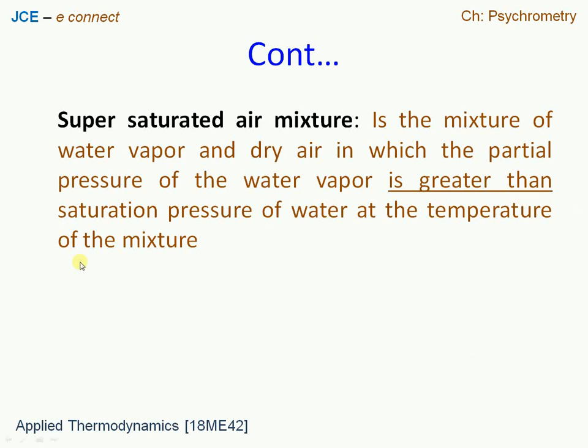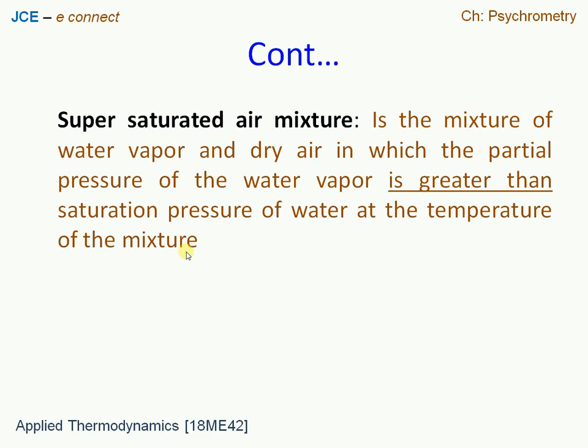So it is a mixture of water vapor and dry air in which the partial pressure of water vapor is greater than the saturation pressure of water at the temperature of the mixture. In case of unsaturated moisture, we saw that the partial pressure of the vapor is lesser than the saturation pressure of the water.